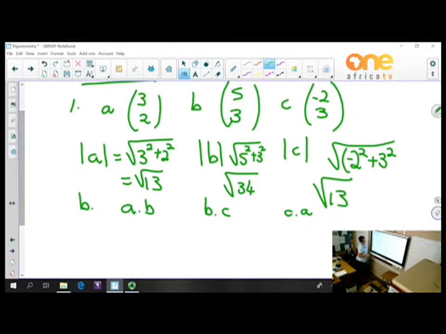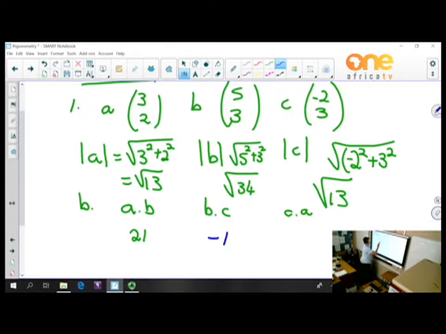So we have to get the scalar product of each one there. So what would be the scalar product of A dot B? II plus JJ, isn't it? So this is 15 plus 6, which is 21. And B dot C, it is negative 10 plus 9, which is negative 1.